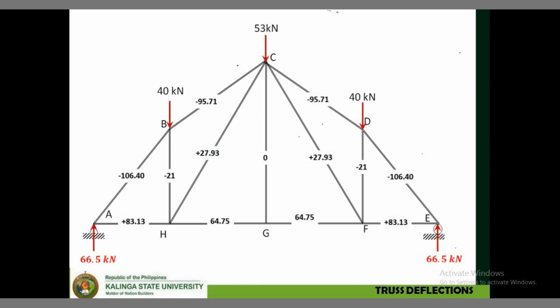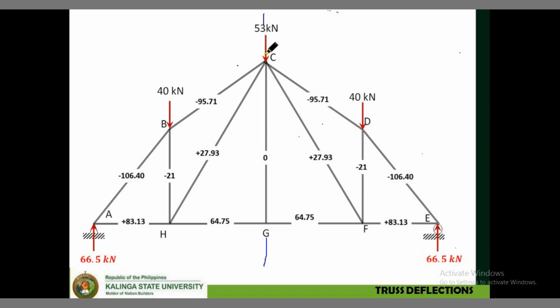This, if you try to look at this truss, let this be my center line. Ito. Let this be my center line. Now, if you try to look, yung dito sa my left side, pareho siya dito sa my right side. Yan.